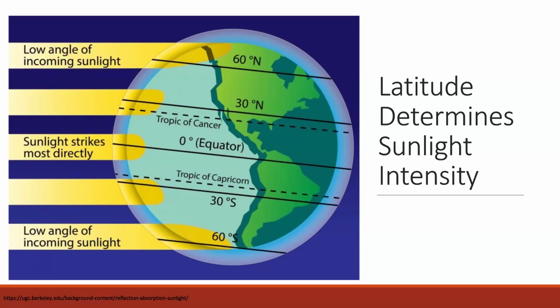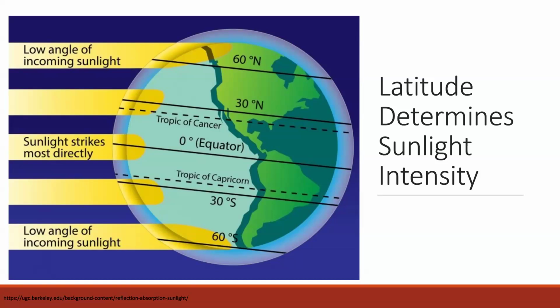So the amount of yellow paint left in any one of those little surface spots is going to be thinner, less intense, less dense. So just the fact that the planet is a sphere is going to cause a decrease in sunlight intensity as we go from the equator toward the poles.